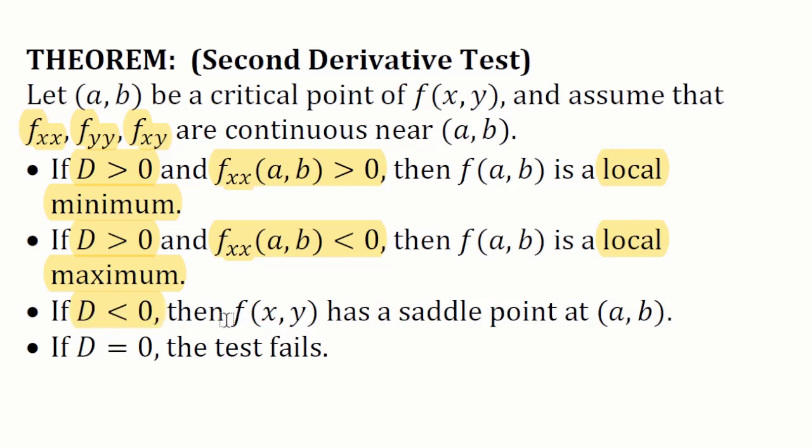This is where the function has a saddle point, and I will get back and explain what that is. Okay? And then of course there are also cases where D equals 0, where the test fails. I will spare some time at the end of the video lecture to discuss a little more about what situations make D equal 0. But usually we don't have to get into that extent. Okay, but I will definitely spend some time explaining what a saddle point is.